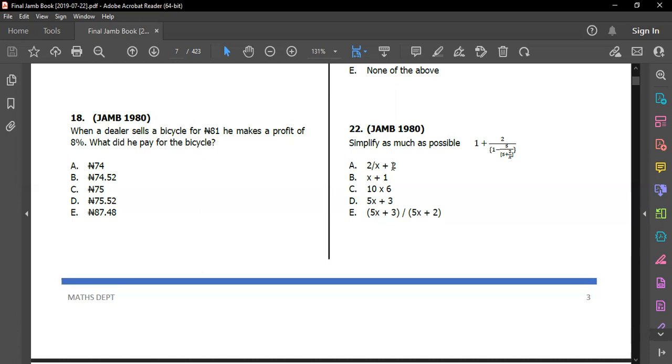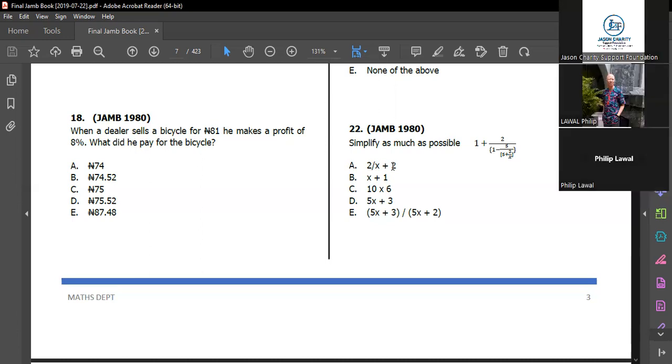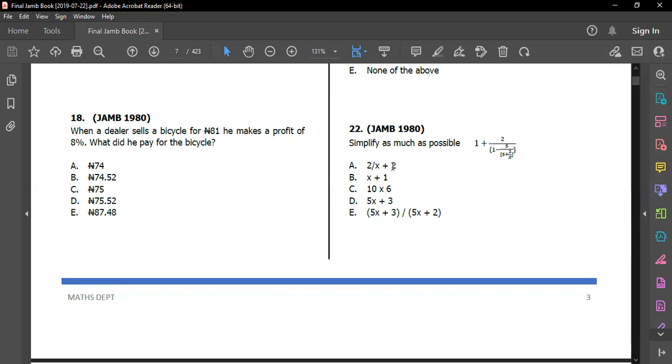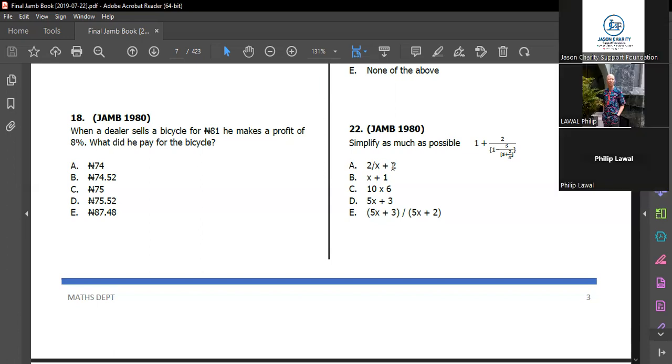And that is what I've done here too. I solve this again, I got this, then I replace it with my answer. By the time you solve, you get 5x plus 2. And the 1 plus all of that is what finally landed us in the final answer, which is option D.